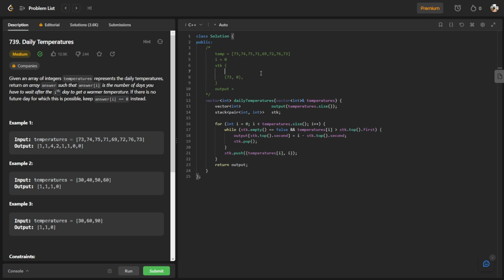with the index of 0. This is what our stack looks like now, and then i becomes 1, so we're looking at 74. The stack is not empty, and the temperature we're looking at, 74, is more than the temperature on top of our stack, which is 73.